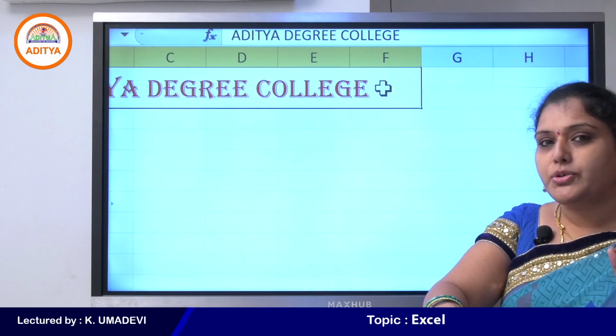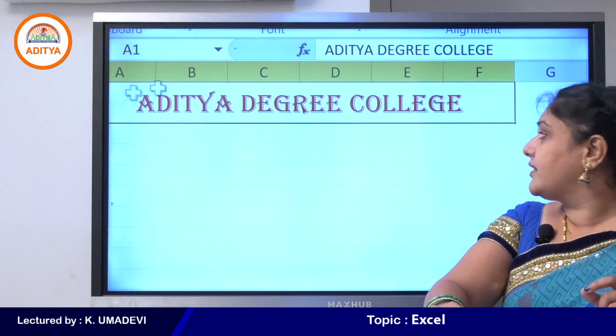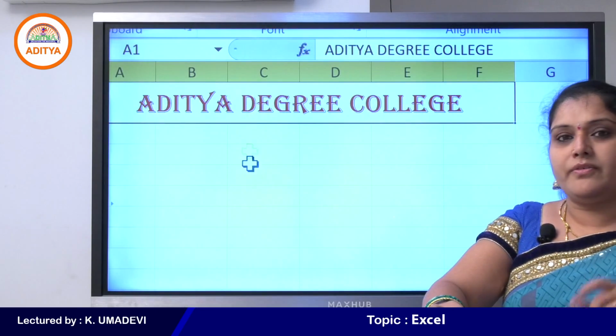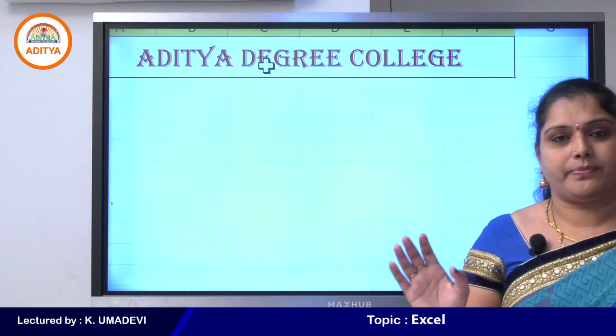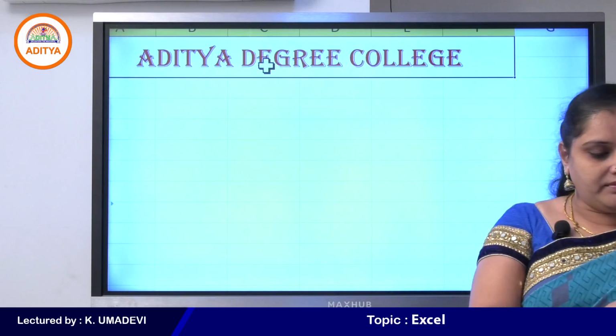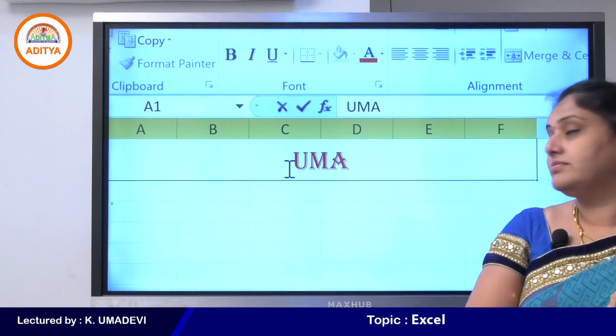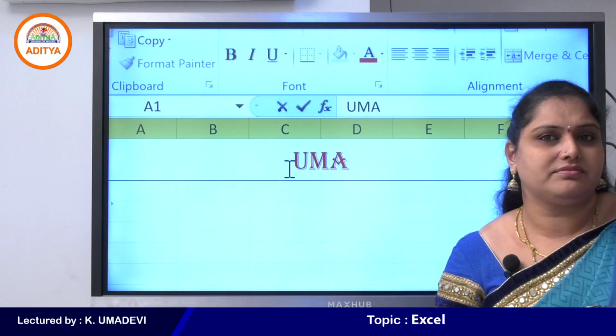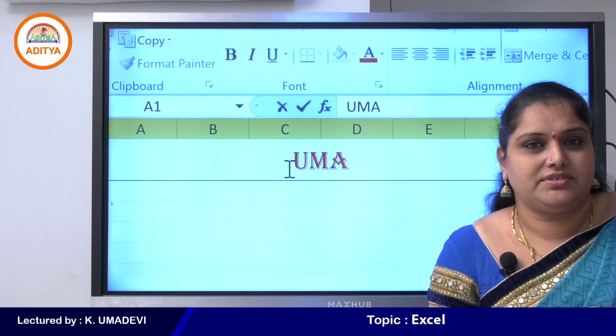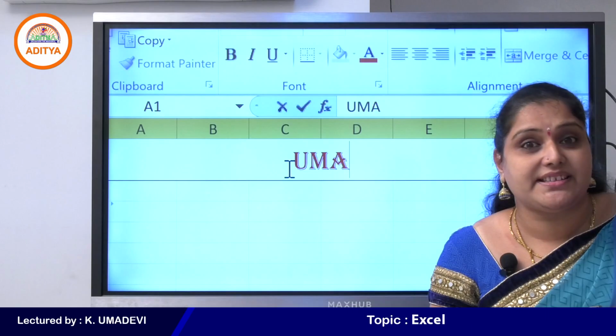So first, how to edit the content in a cell, students? For example, if you click on the cell and start typing, what will happen here? It will be replaced with the existing content, right?